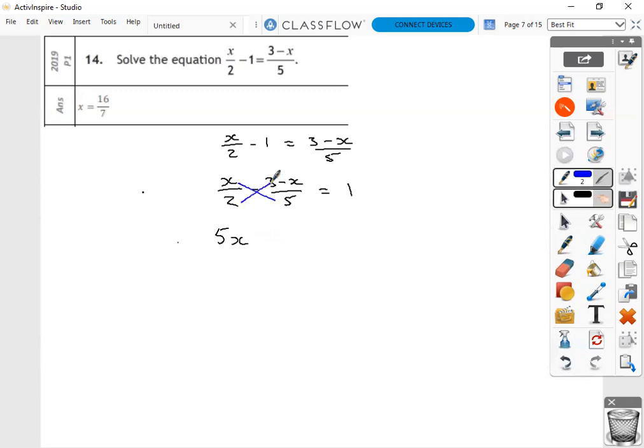And then I'm going to do this. Okay, so it becomes -6, and then positive 2x. So 7x.